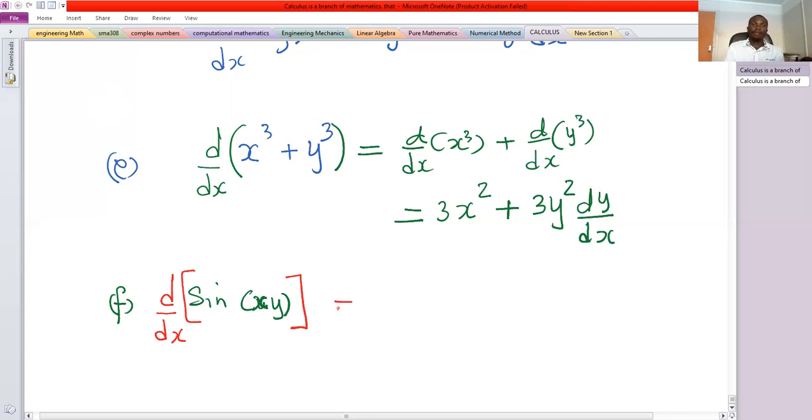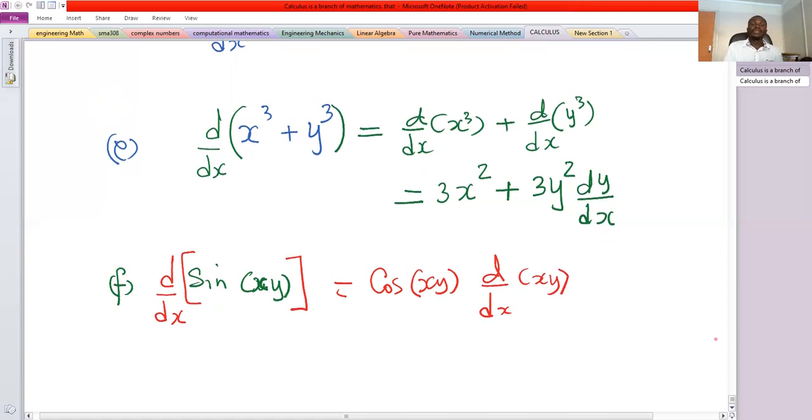So here, you ask yourself, if this is a sine function, when you differentiate a sine function, what do you get? The derivative of a sine function is a cos function. So you write cos xy, but then you have to differentiate also this part, x y. Now, for this you use the product rule.